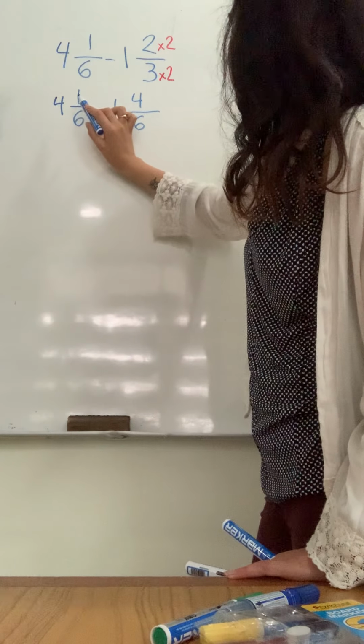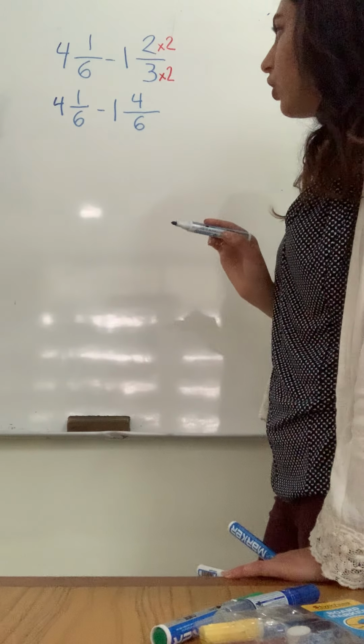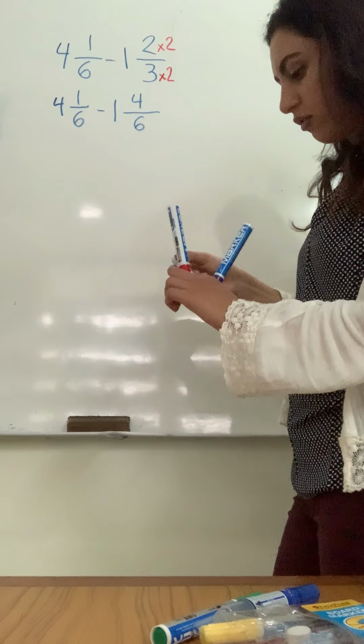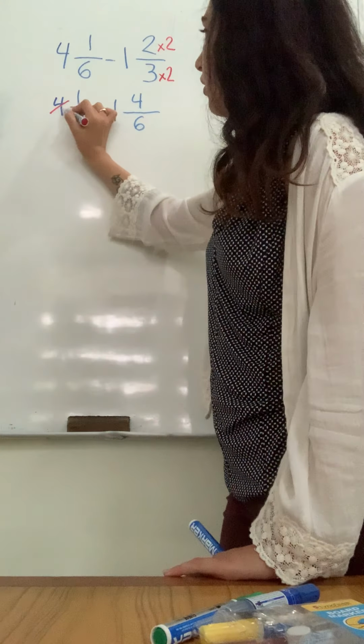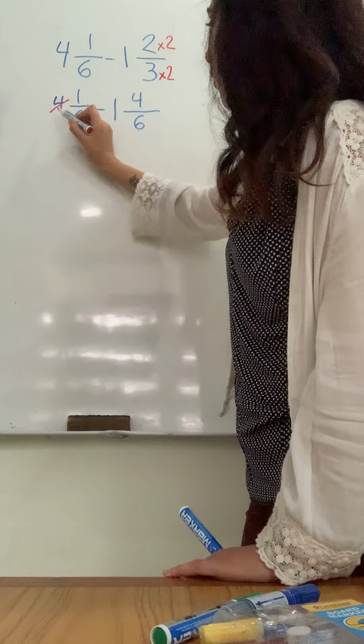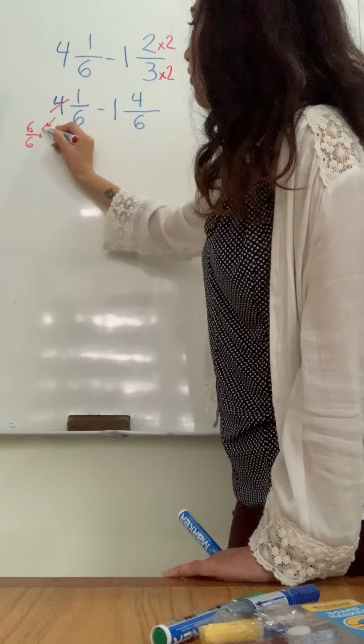So now we can do 1 minus 4. Is it possible? No, it's not possible. So I have to take 1 from the number beside it. 4 means how many times 6/6? 4 times.